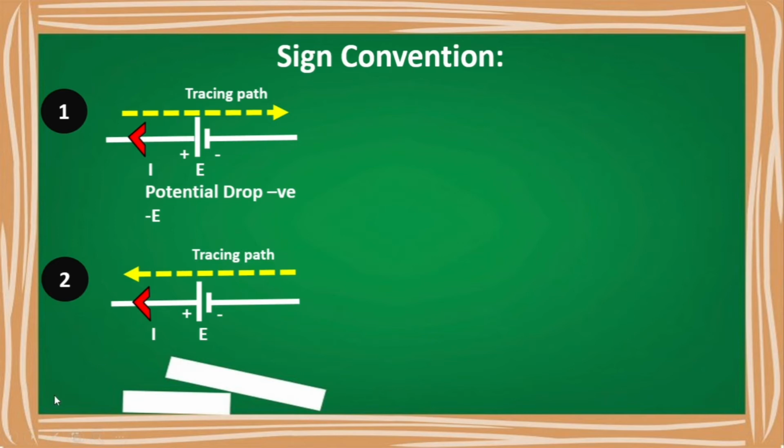So firstly I come across the lower potential and I'm traveling from the lower potential to the higher potential. That means there is a potential rise, and potential rise is always taken as positive. So we'll write plus E in the expression.